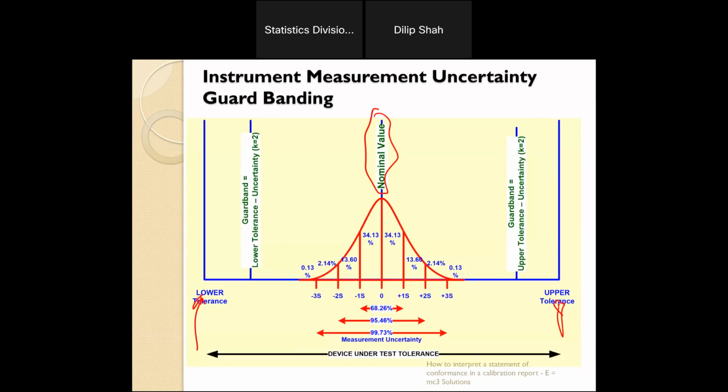It means it is at the nominal value. I have a certain measurement uncertainty associated with that. And then depending on my decision rule, I subtract the measurement uncertainty or part of that measurement uncertainty, depending on the decision rule. And now I have an acceptance limit.